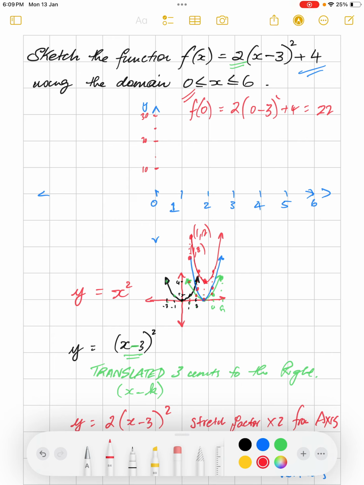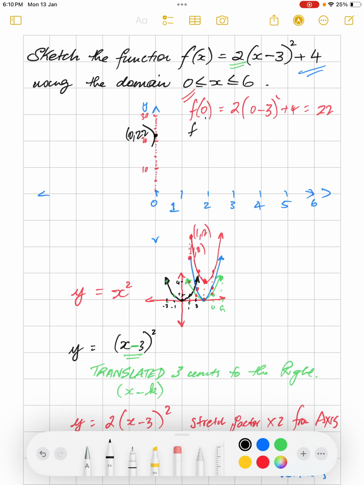Okay. So we want at 22. 0, 22 is the starting point, 0, 22 in the domain.